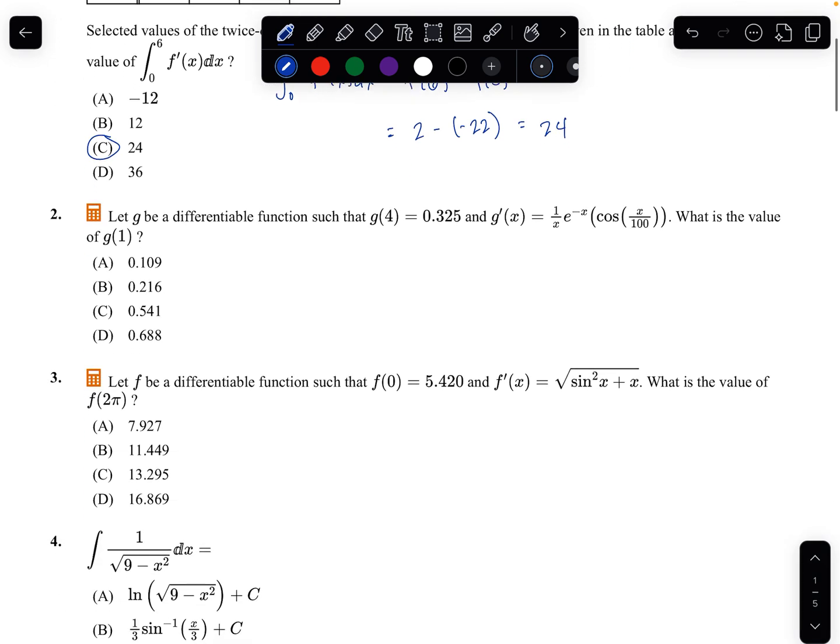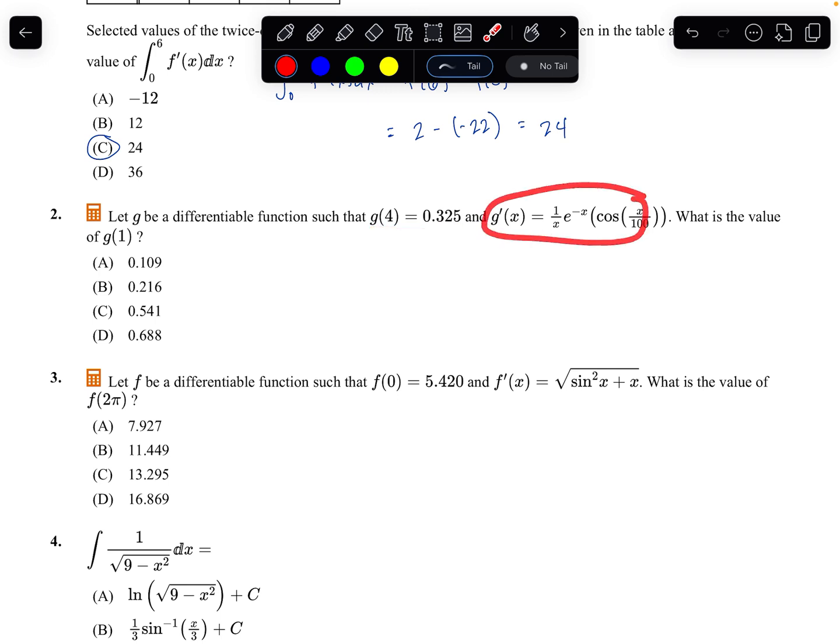Okay, for 2, we have a calculator question, and it says g of 4 is equal to 0.325, and we have g prime given here. What is the value of g of 1? So let's say that I want to do the antiderivative. I'm trying to find g of 1, so I'm probably going to need the antiderivative of g prime.